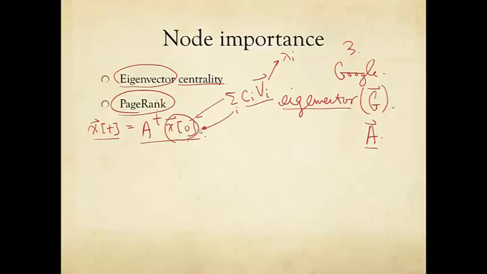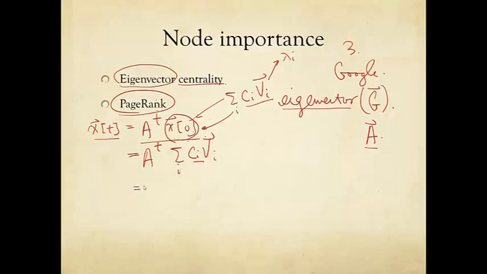Now substitute this expression back into this evolution. We see the following expression: A multiplied on the left t times the summation of c_i v_i vectors. Again, c_i are the weights to provide the linear combination among the v_i's to give you this vector.